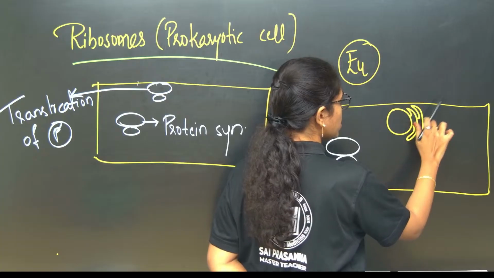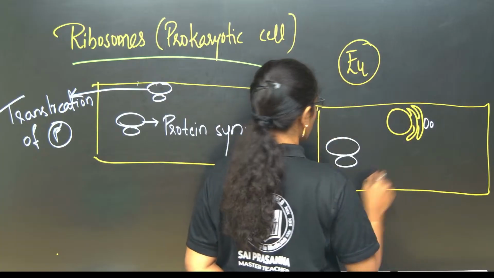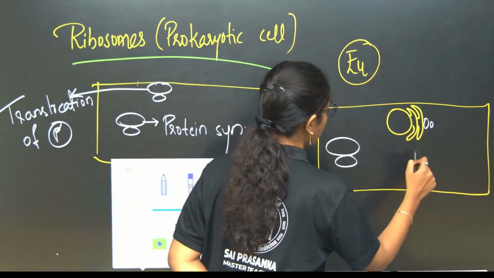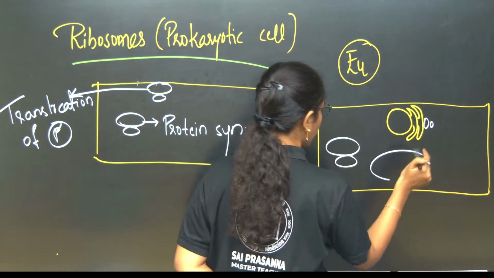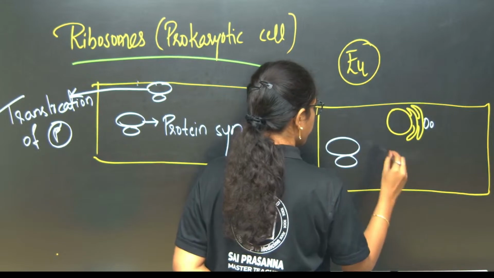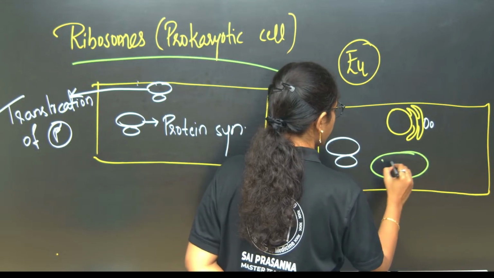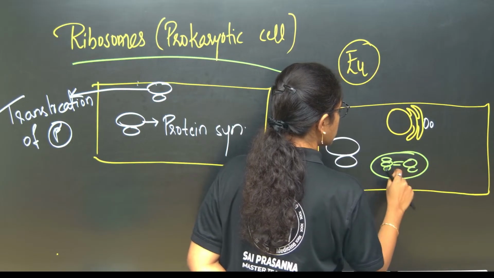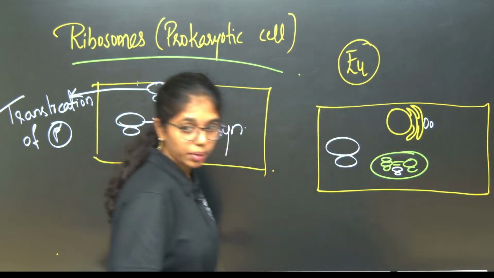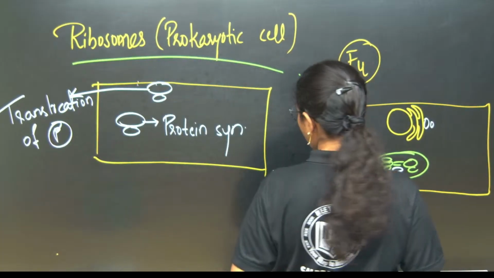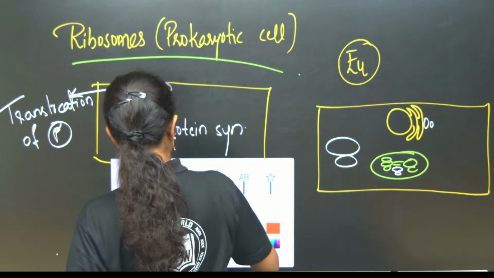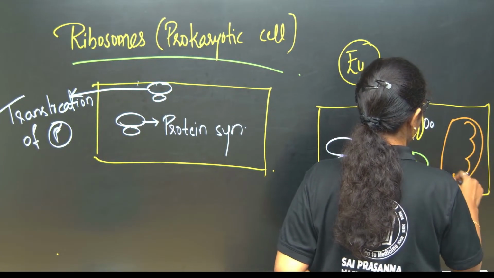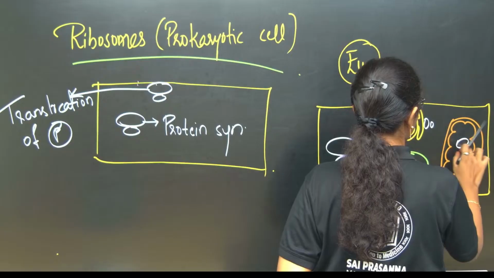Ribosomes are observed inside the chloroplast stroma, and ribosomes are also present in the matrix of mitochondria.